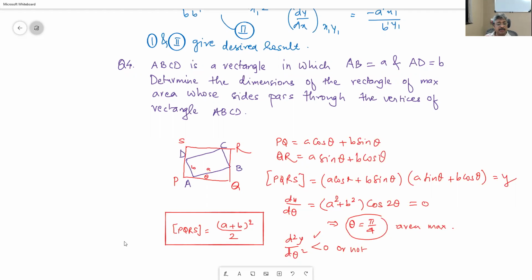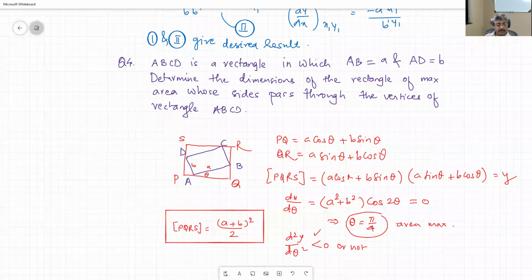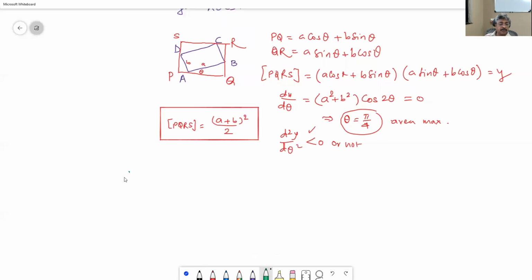Okay, last problem in this series, question 5. A box with square base is to have an open top.